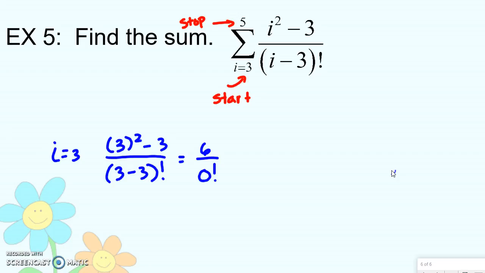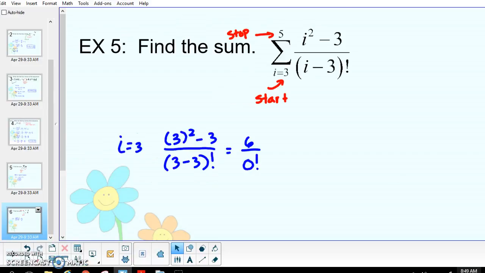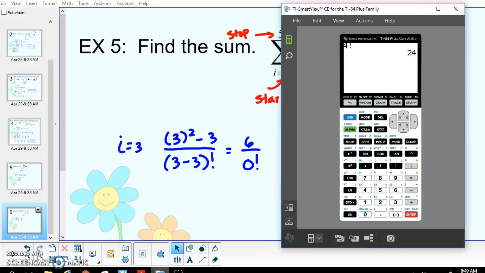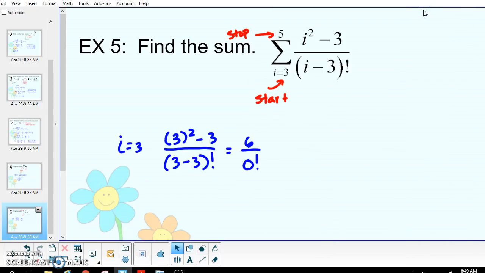I know that might seem weird, but you could check it in the calculator. The reason for this is because there is one way to order or to choose 0 things. So that's why that is 1.